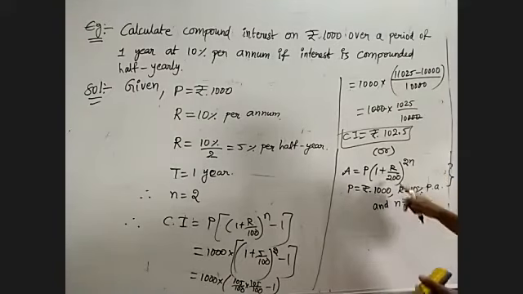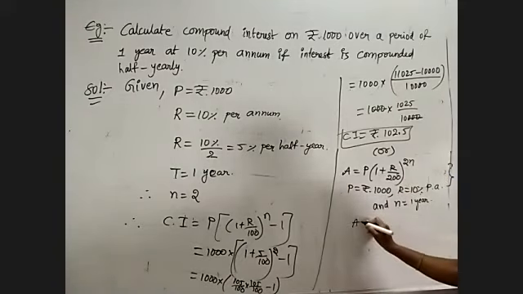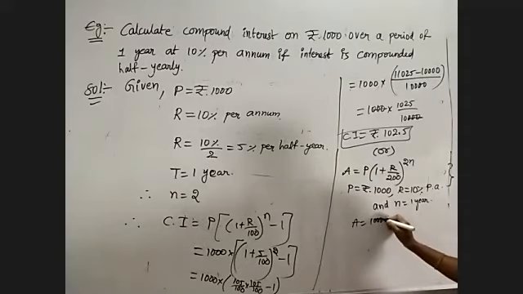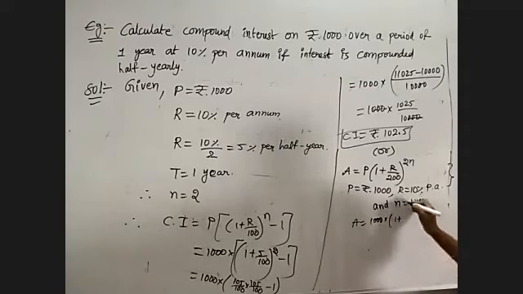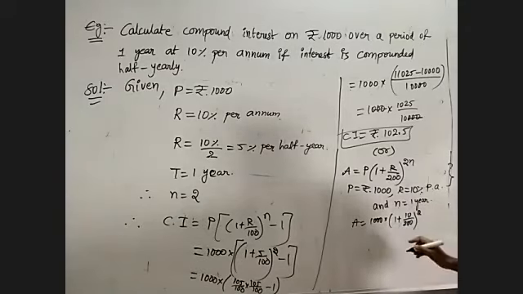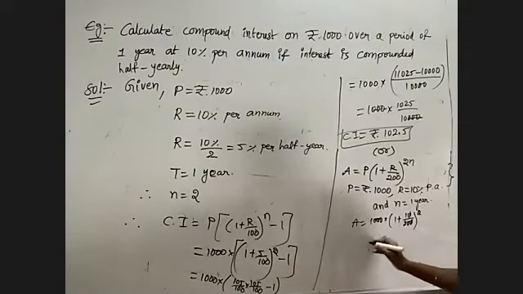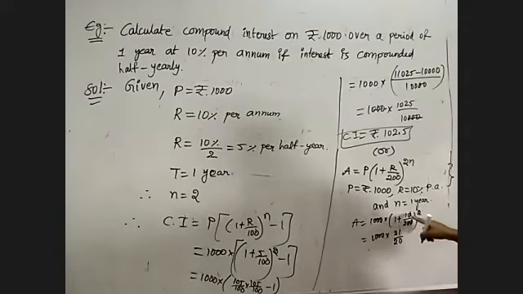Now calculate the amount first. Amount will be equal to principal 1000 into 1 plus r, which is 10 by 200, whole to the power of 2 into 1, that is 2 itself. So what I will get, 210 by 200. The 0s get cancelled, so 21 by 20. 1000 into 21 by 20, because 20 plus 1 is 21. LCM also I am doing.